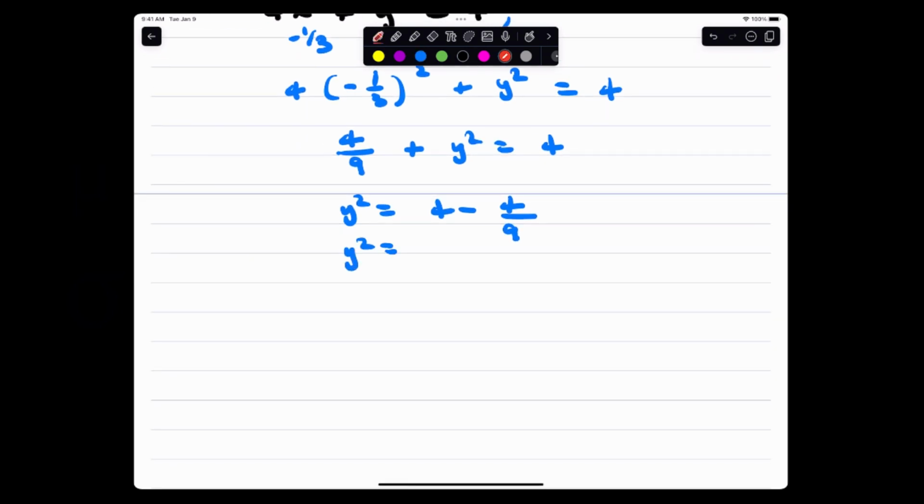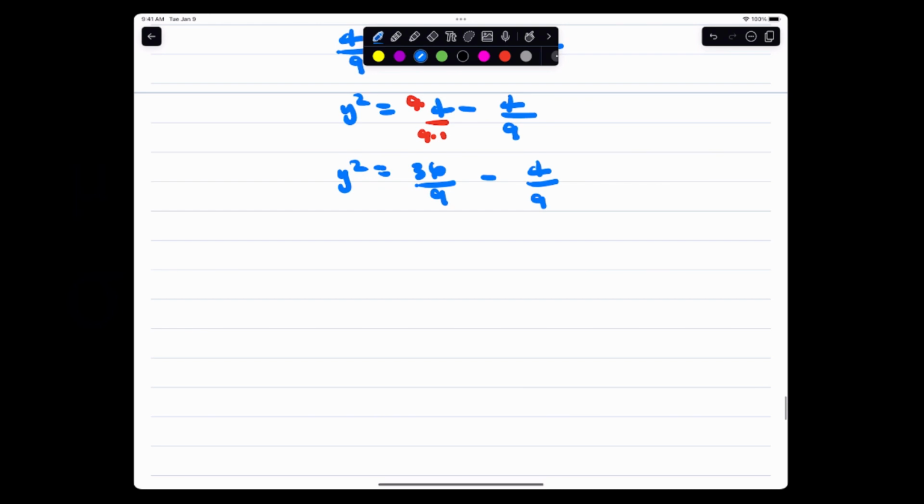And let's just do a little bit of arithmetic, not much. 9 times 4, and your y squared will be 36 over 9 minus 4/9. Double check. And it looks like that'll be 32 over 9. So y becomes plus or minus square root of 32 over 9.